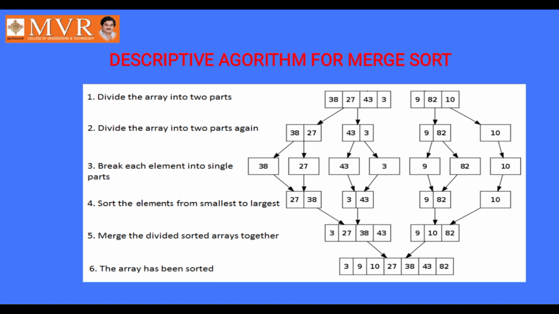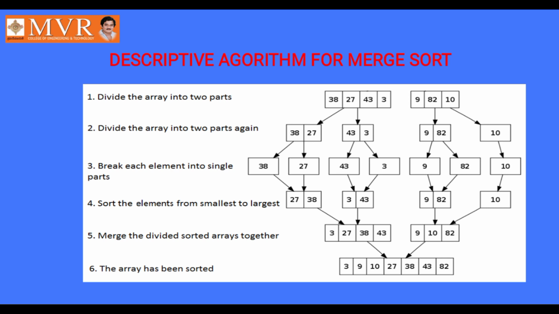After that, combine them, that is, perform the sorting, swap them and then combine them in sublists, and finally you get the sorted list. This is the descriptive algorithm for merge sort.